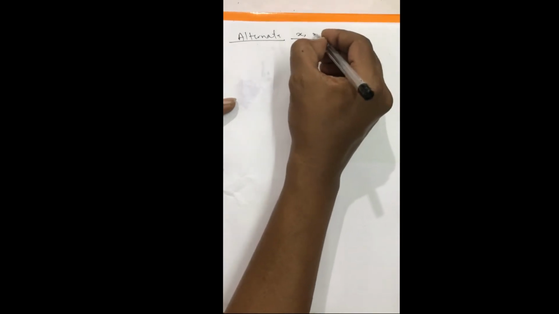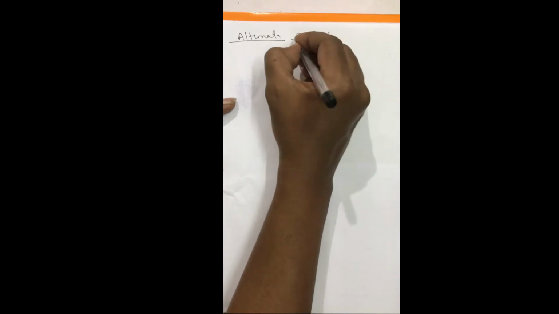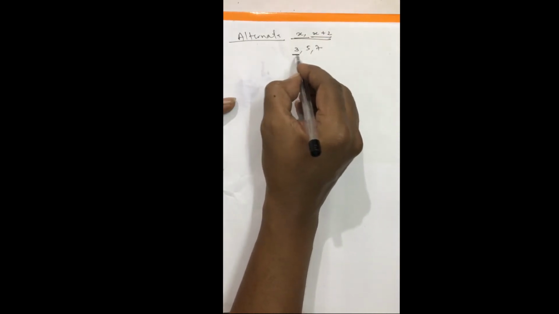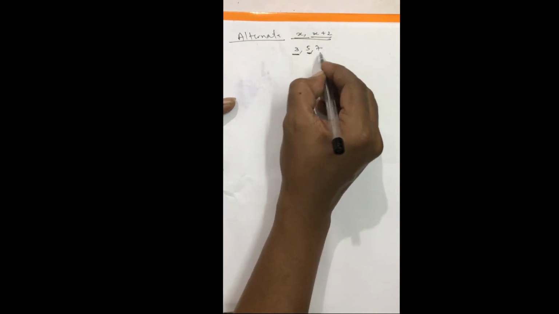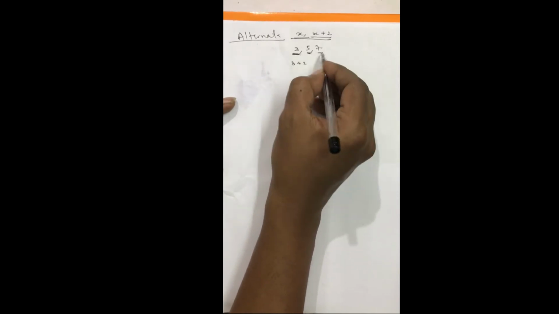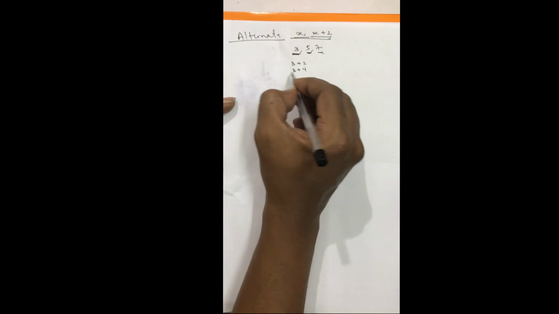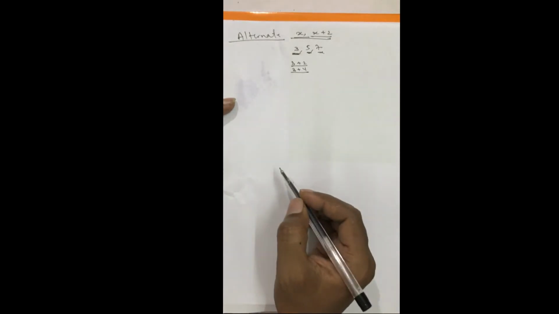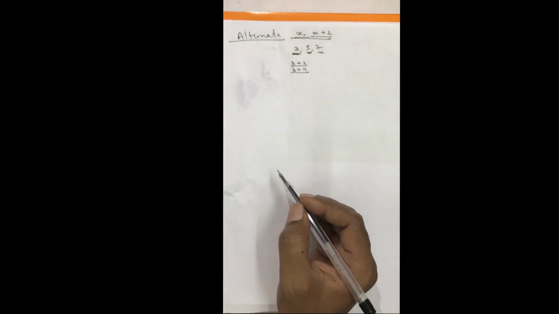So usually for alternate numbers, if the first is x, the other one will be x plus 2. If this is 3, the other one will be 3 plus 2, the other one will be 5 plus 2, otherwise 3 plus 4. Remember this. You have to think a lot on this.